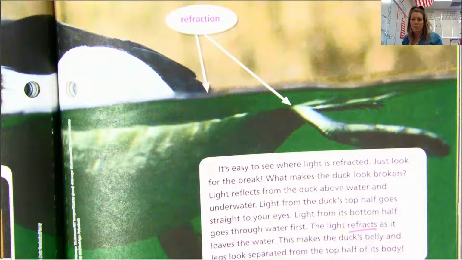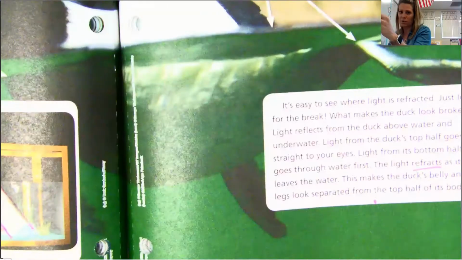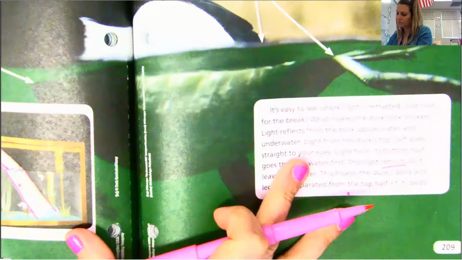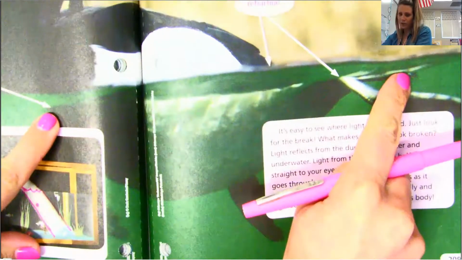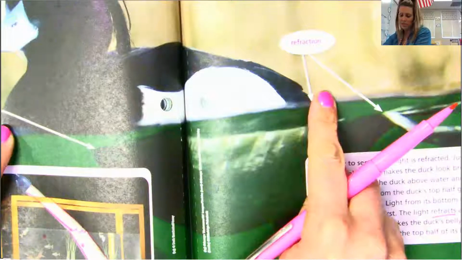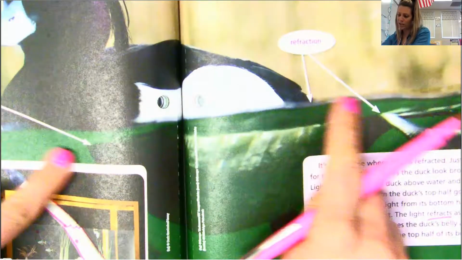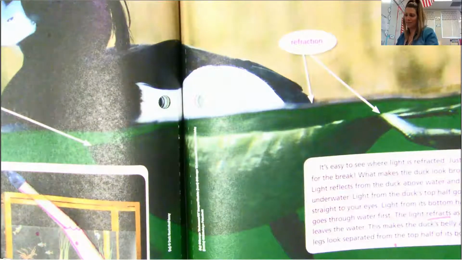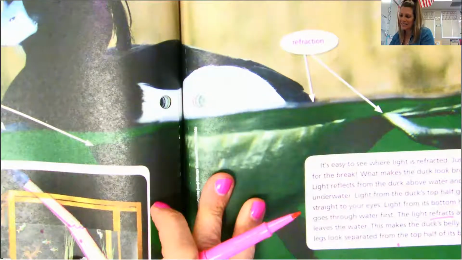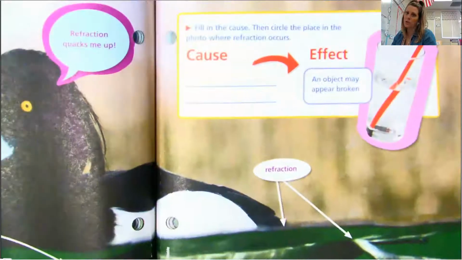So if you've ever been to like an aquarium, you might have noticed that before. So if you look, and you can see it a little bit probably better on yours, see how the bottom part isn't really like matching up with the duck? That's where it has refracted or the light has bent. All right, last thing today. Ooh, cause and effect, we're good at that.